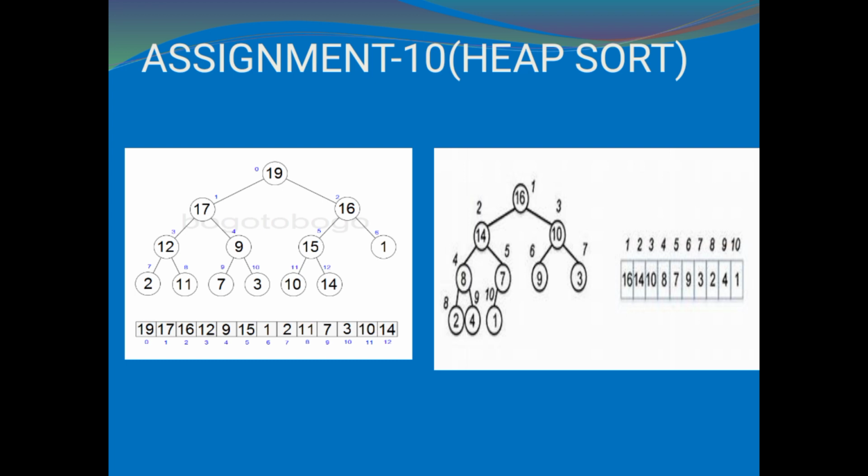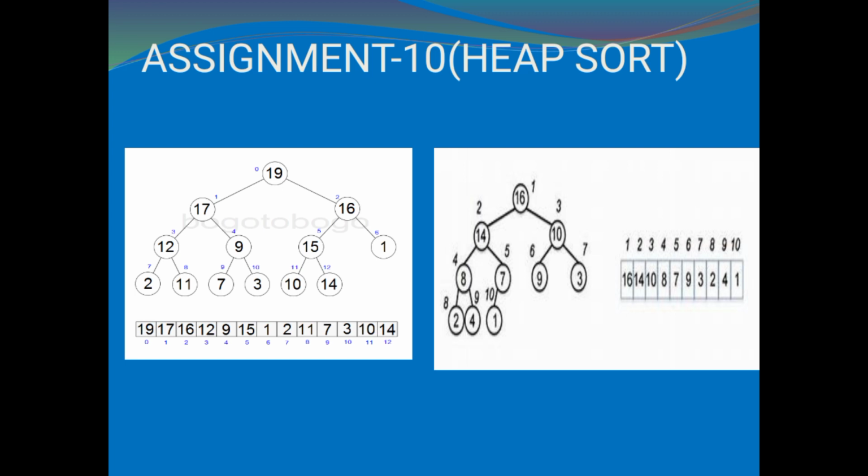I have also given the numbering for the elements. Every time you start the heap sort, start by giving the numbering to the elements in the array. To know which element is the first element and which is the last element, you compulsorily need the numbering. Here two examples are given. In one, the index starts from 0, and in another the index starts from 1.